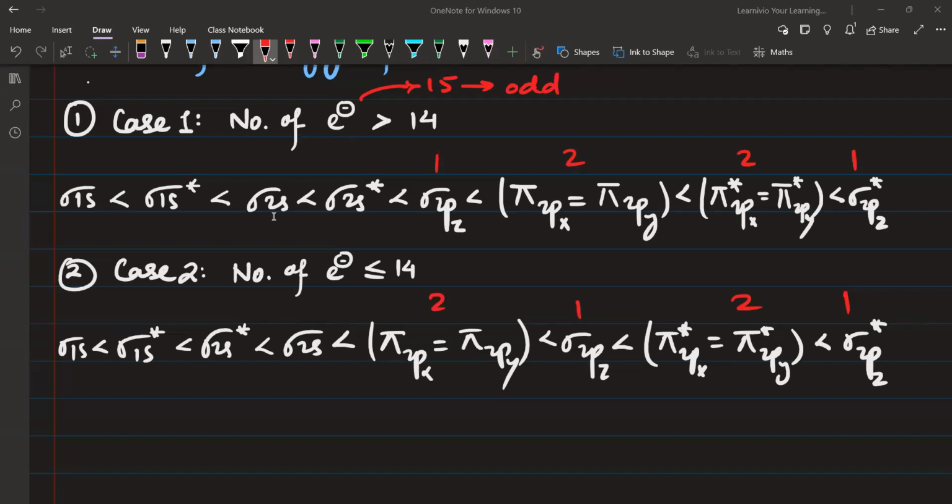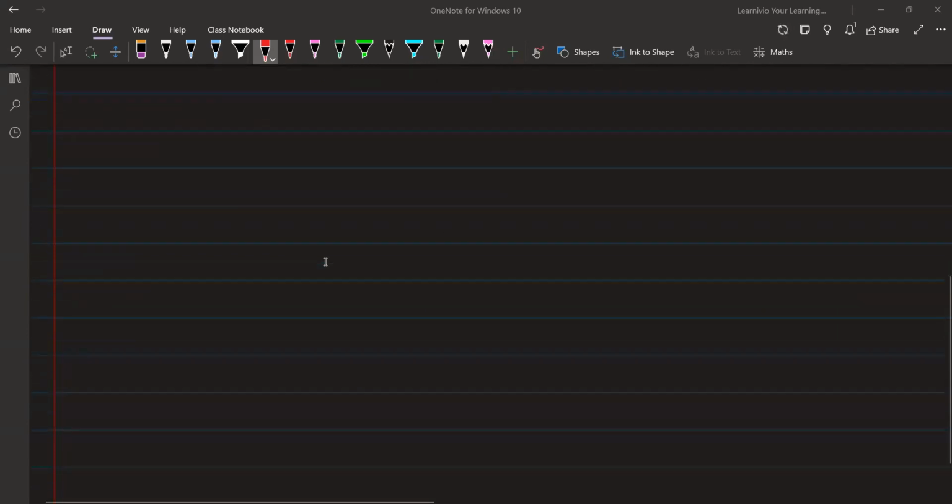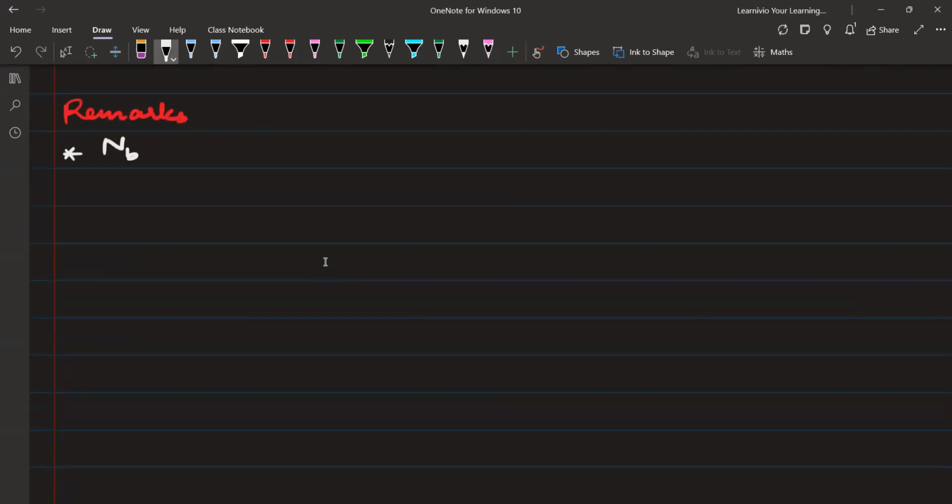Now, before moving on to the different diatomic molecules, there are few remarks that we are going to write. Please write few remarks. We are going to use certain symbols. You should know what these symbols mean. I will say NB. This will be for number of electrons in bonding molecular orbital.